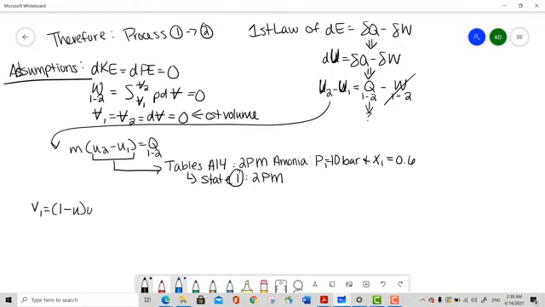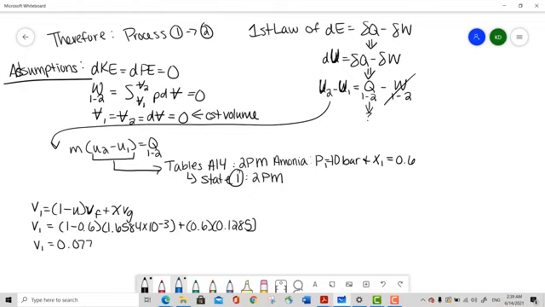Again, just like we did in the last problem, or really now it feels like so many problems ago because I had no clue that I wasn't recording. 1.6584 times 10 to the minus third, plus 0.6 times 0.285, and then this ends up being 0.0777 meters cubed per kilogram. And then we're going to do the same thing for specific internal energy.